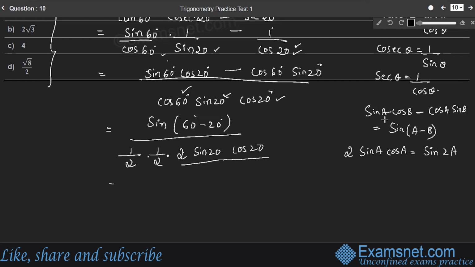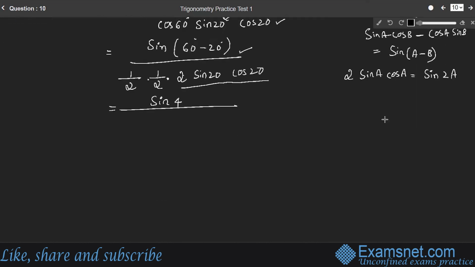So here the numerator is sine 60 minus 20, which is sine 40. And in the denominator we have 1 by 2 into 1 by 2, which is 1 by 4, into 2 sine 20 cos 20, which is sine of 2 times 20. So sine of 2A, here A is the angle. So sine of 2 times, here the angle is 20 degree.